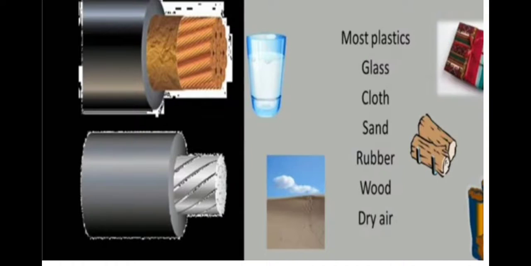Copper, aluminium, etc., are conductors of electric current, while some other materials are non-conductors, that is insulators: glass, wood, rubber, etc. Conductivity is more for conductors than for insulators, but the resistivity is less for conductors than for insulators.